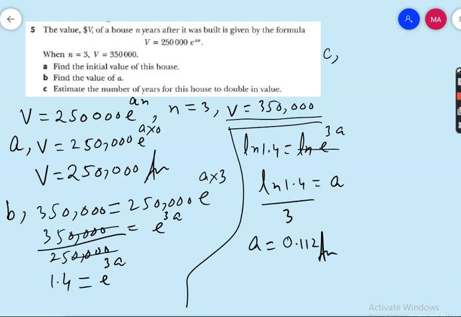Estimate the number of years for this house to double in value. What does it mean? Double. Wait, first I have to solve myself.